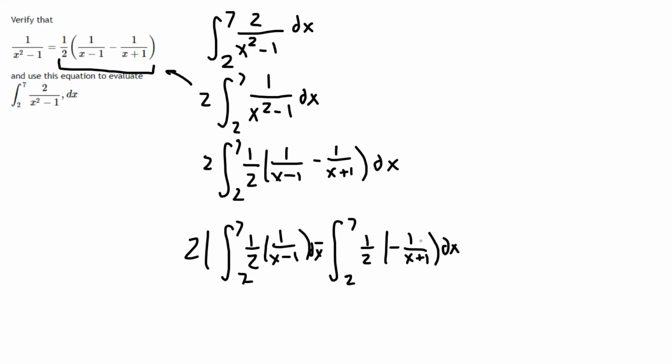Just as we did in the first step, we should remove this coefficient from the integral to make integrating easier on ourselves. So I'm going to rewrite this with all of the coefficients on the outside of their respective integrals.